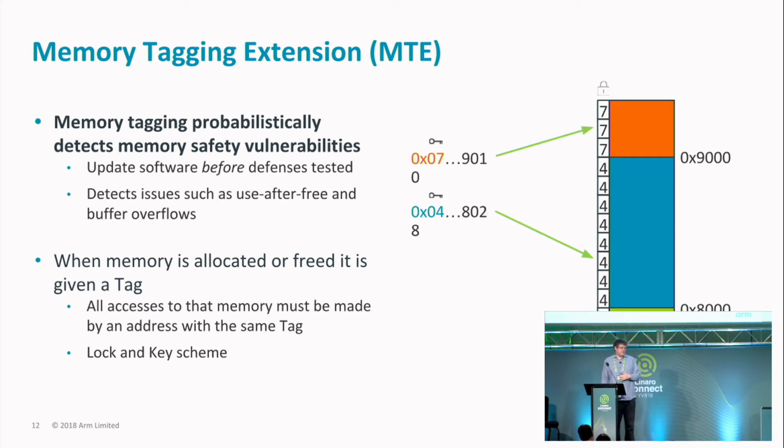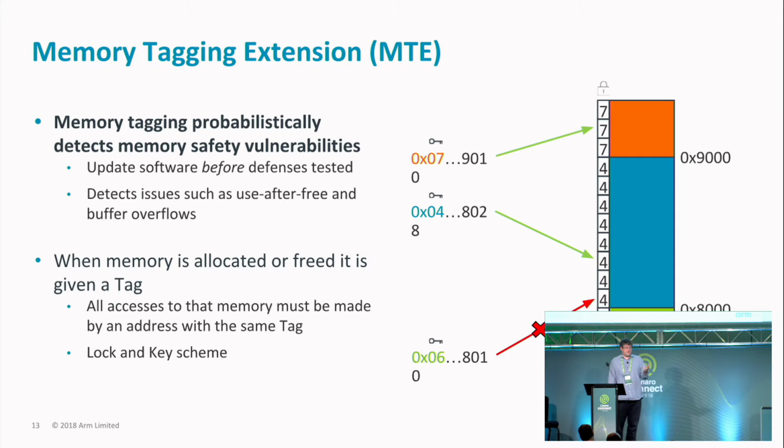So for example, here are 2 good accesses. The access to 0x828 is made with the blue 4 key, and that gets allowed through, and the 0x070 gets through. 0x07 up to 0x9010 is allowed through because they're using the same key that the lock has.